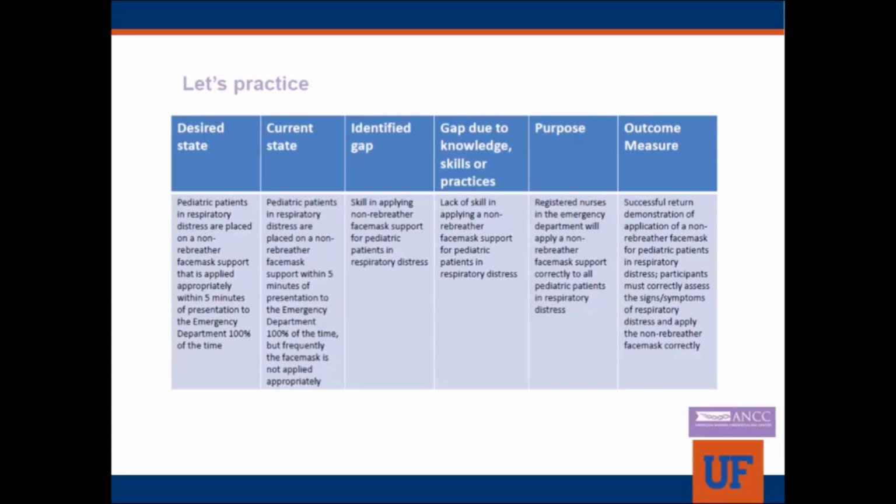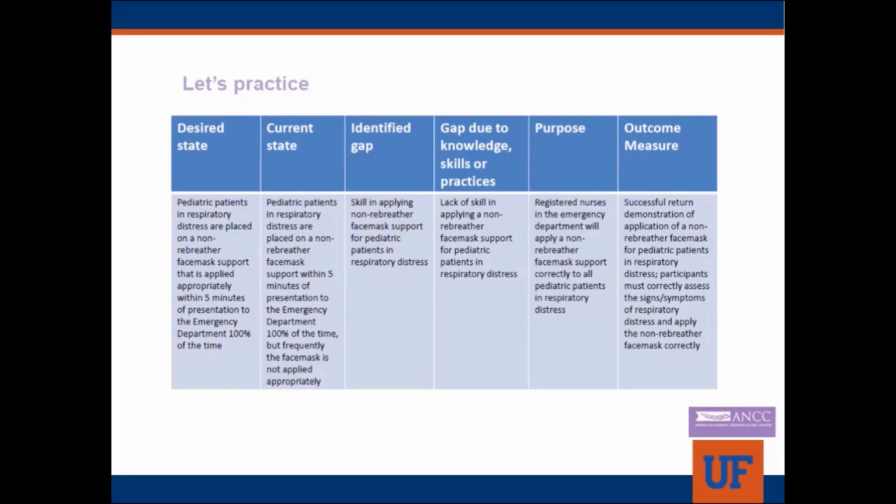In the current state, the stakeholders have identified that the patient may be placed on a non-rebreather mask, but the face mask is not applied appropriately. The identified gap is a skill in applying the non-rebreather face mask to a pediatric patient in respiratory distress. The gap is due to a lack of skill in applying the non-rebreather face mask.